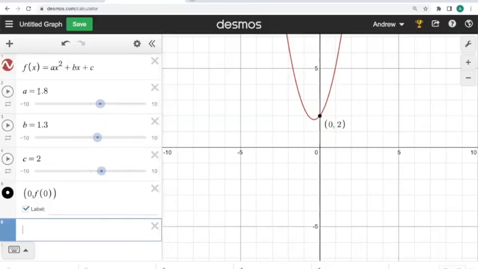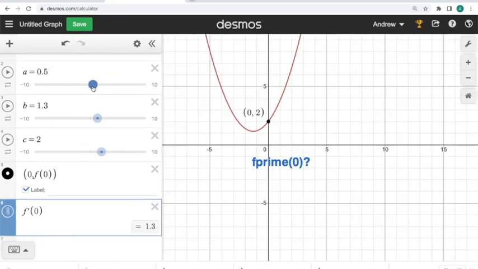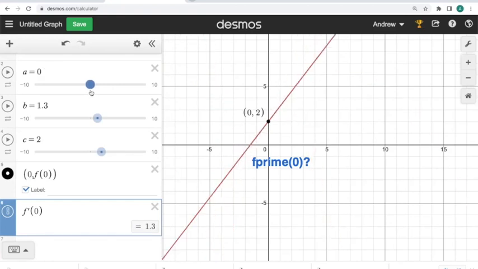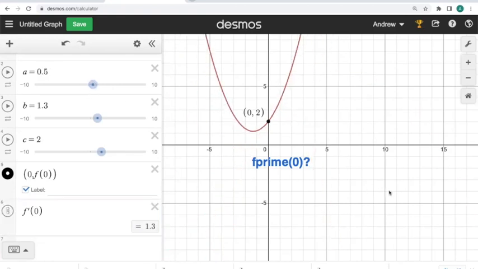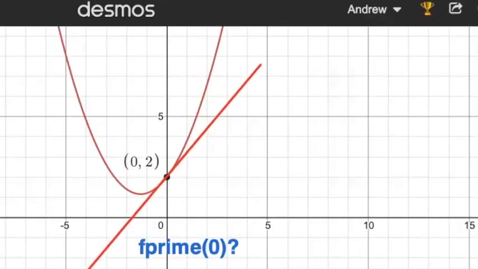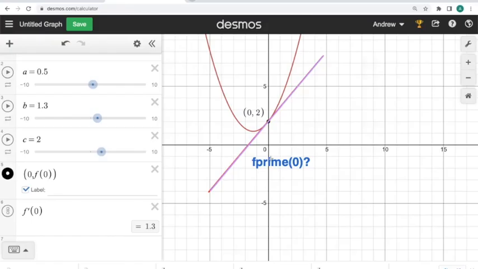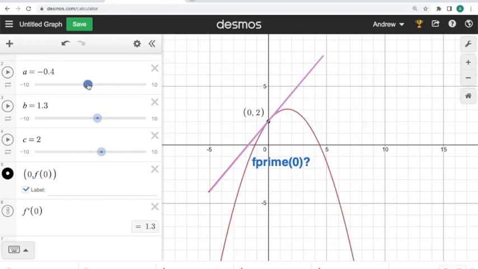Now I can also look at f prime of 0. So what is f prime of 0? As I move A, it looks like the slope isn't changing. If I fix my tangent line right here, as I move A around, I still have the same slope.